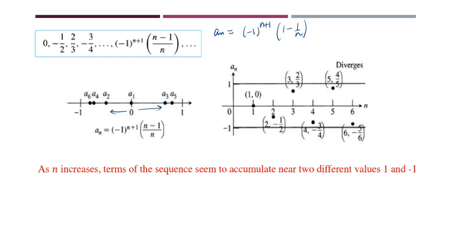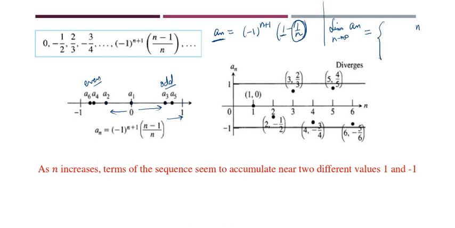And eventually your odd terms are lying on the right hand side, even terms are lying on the left hand side. All the odd terms are moving towards this number 1, because when you take the limit of this one as n tends to infinity, this will tend to 0. So when I say limit as n tends to infinity of an, you'll have two things.